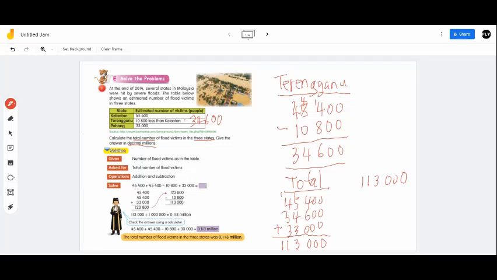So right now, you have to move the decimal point to the left. 1, 2, 3, 4, 5, 6. If there is nothing at the front, you have to put a 0. So in the end, your answer is 0.113 million.